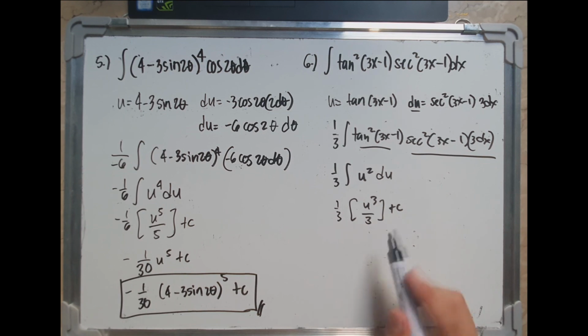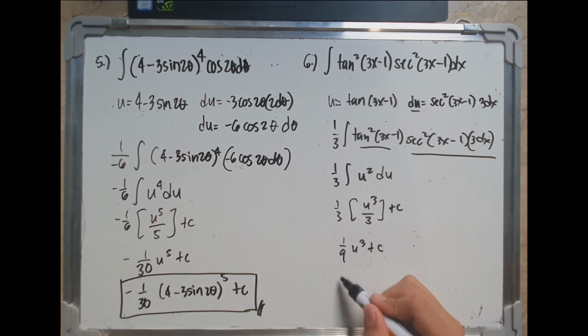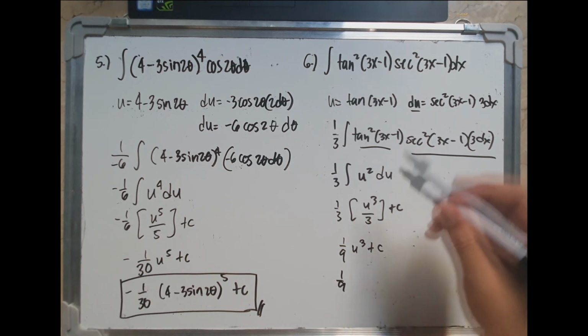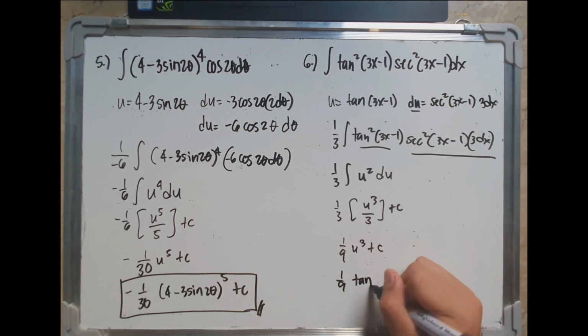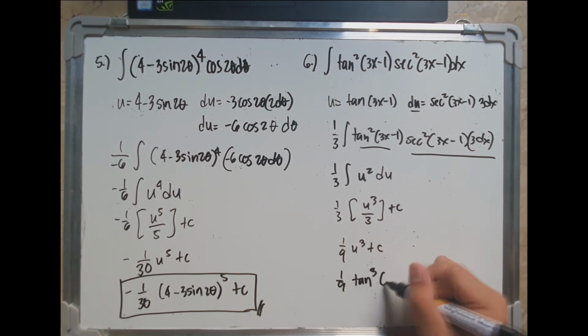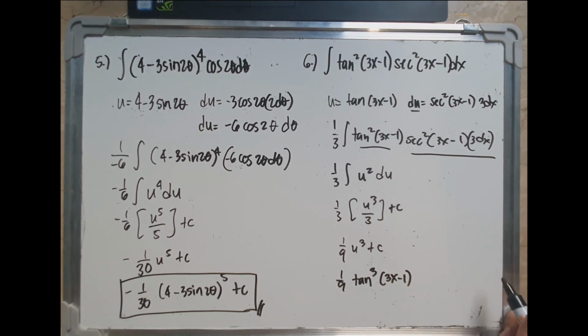So 1/3 times 1/3, that is 1 over 9 u cubed plus c. The u is tangent 3x minus 1, so we have 1 over 9 tangent cubed 3x minus 1 plus c. This will be our final answer.